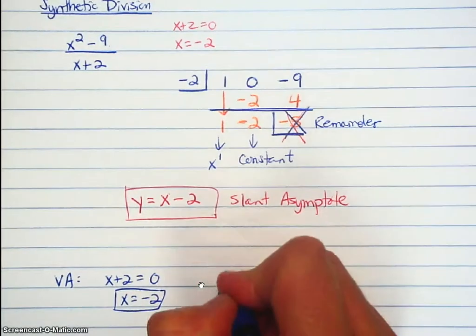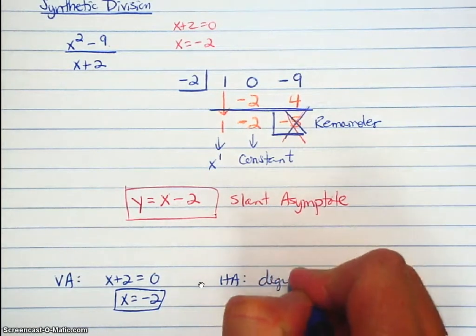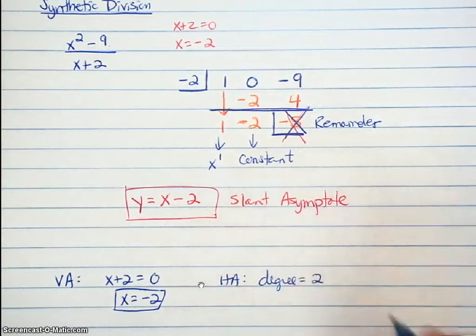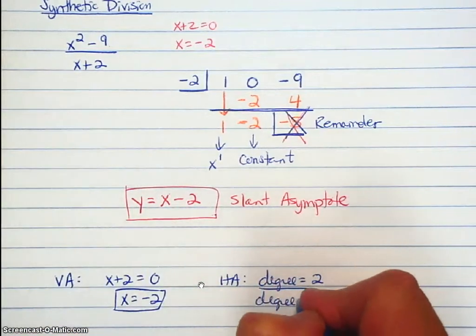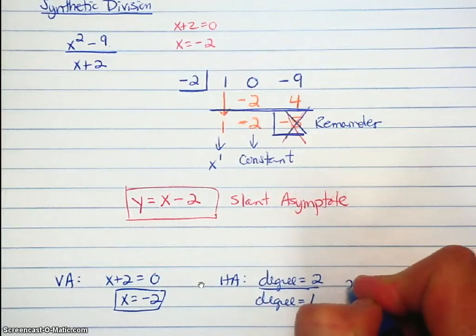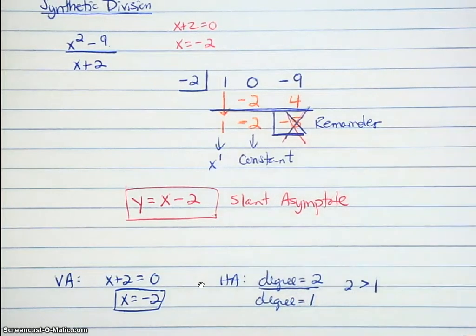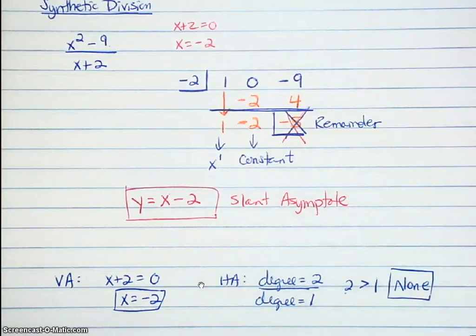For the horizontal asymptote, we take the degree of the numerator, which is 2, the highest power of x, and the degree of the denominator, which is 1, and we compare those. 2 is greater than 1, and from the rules I gave you in the video a couple nights ago, if the degree of the top is bigger than the degree of the bottom, then we have no horizontal asymptote.